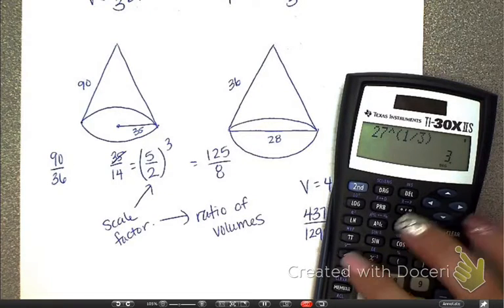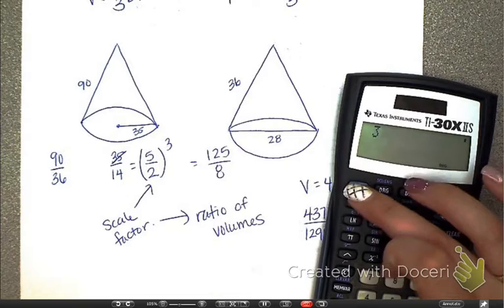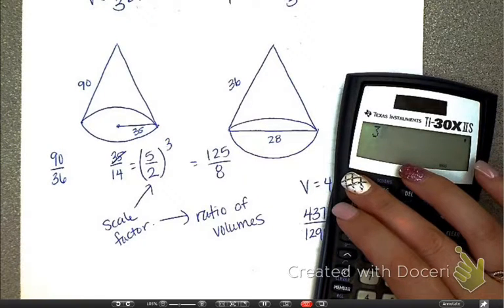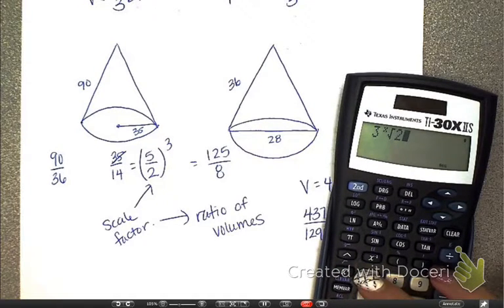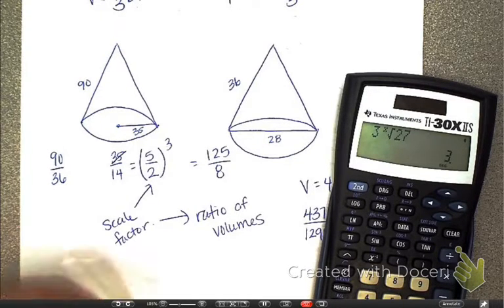Or the other option is to do 3, second, and then the button that has the x and the square root, and then type in 27, and it still gives you the same answer. So either way, you're pressing the same amount of buttons. So try the same thing with 8, and you should get 2. Either take the cube root this way, or raise it to the 1/3 power. Anything else?